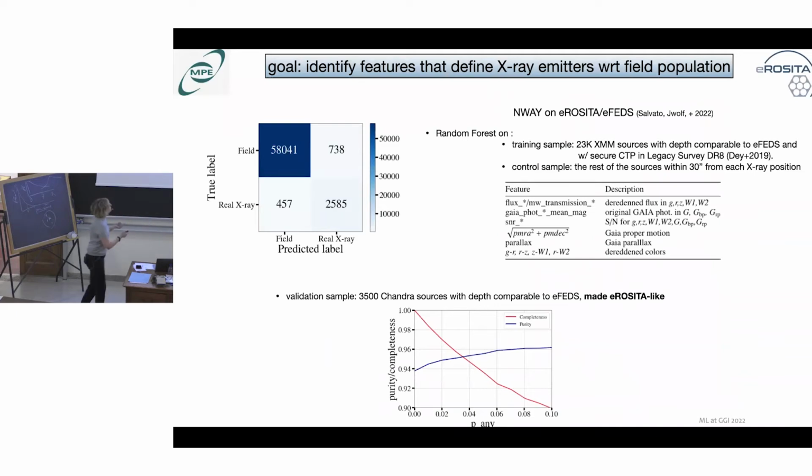And this is what we have now. So currently we are using not only W1 and W2, we are also using the flux in the GRZ band. We are also using the information coming from Gaia. I don't know if you know Gaia, is the satellite that is mapping all the stars in our galaxy. We are taking into account whether or not the object is moving. If it is moving, it is a star.